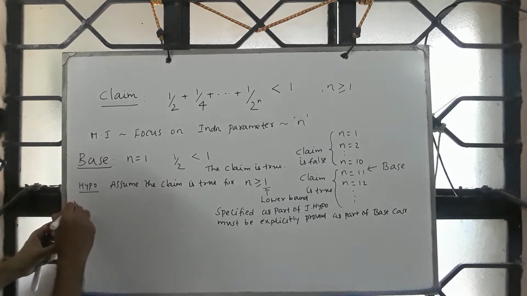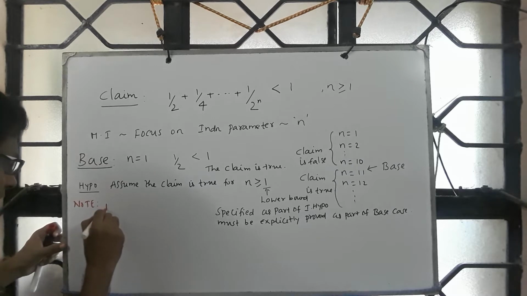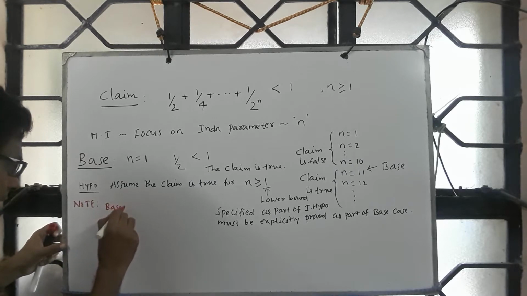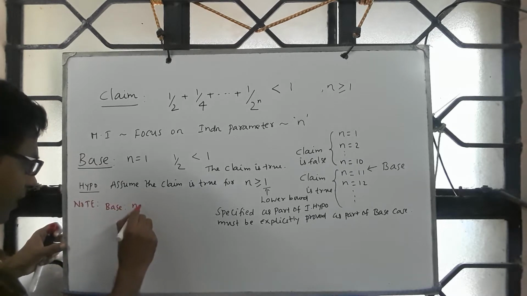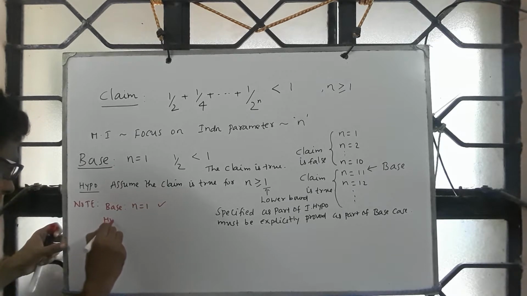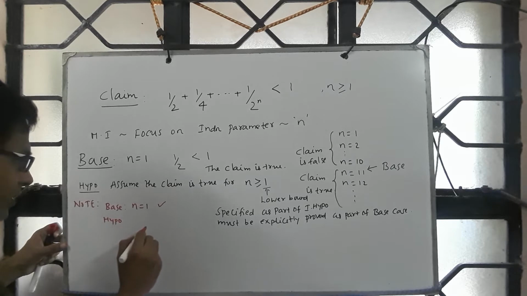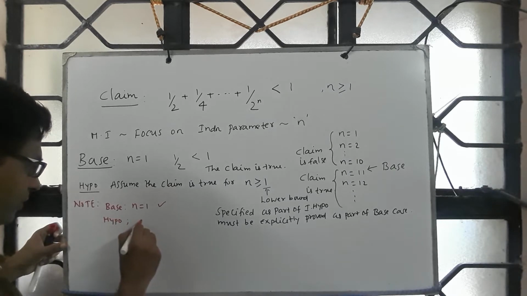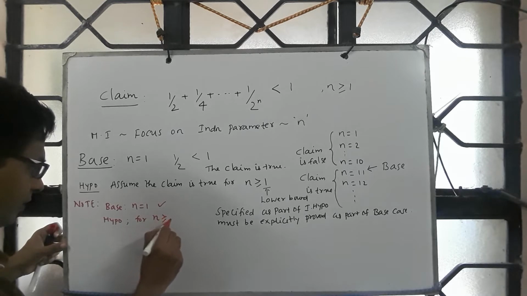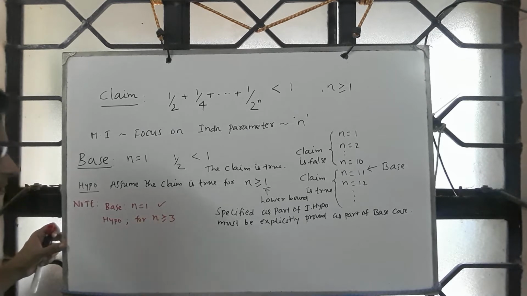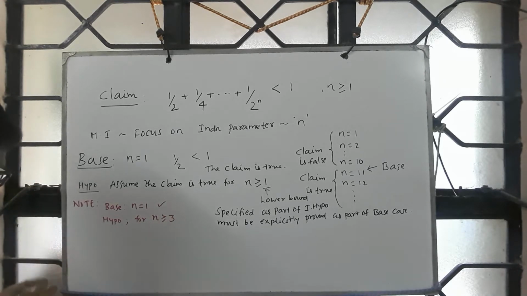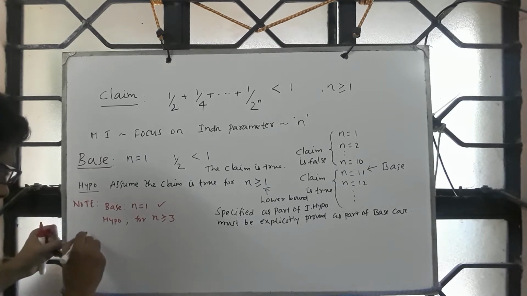For example, you say the base case, say n is equal to 1, is proved, and you say the hypothesis starts from: assume the claim is true for n greater than or equal to say 3. Now if this is the case, you have to be careful.